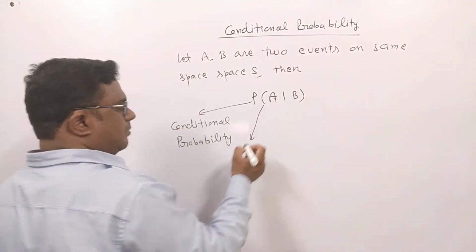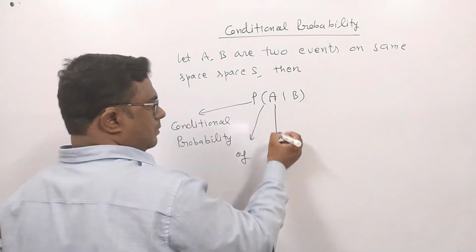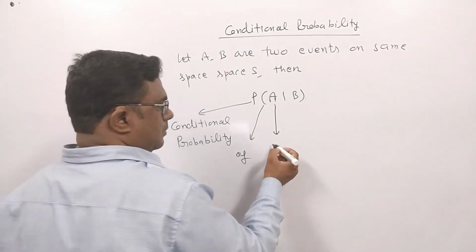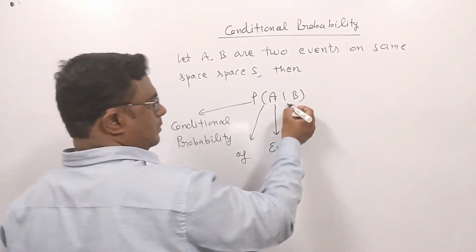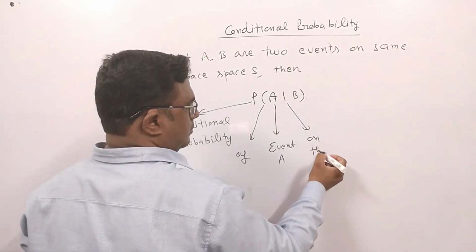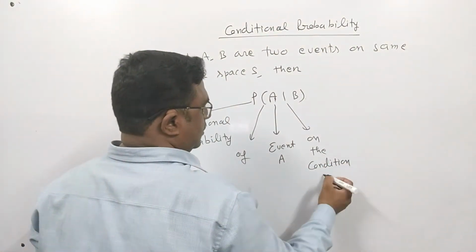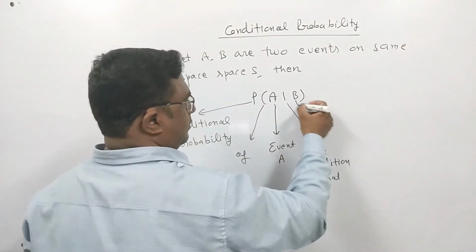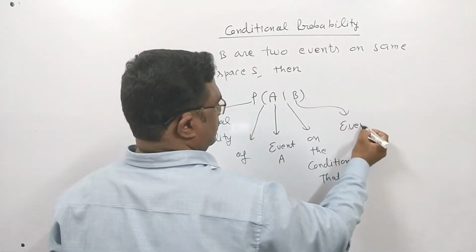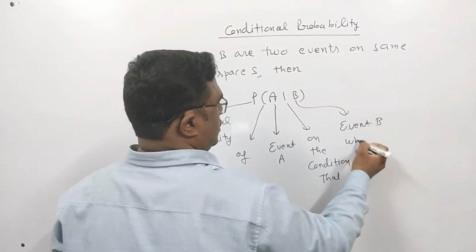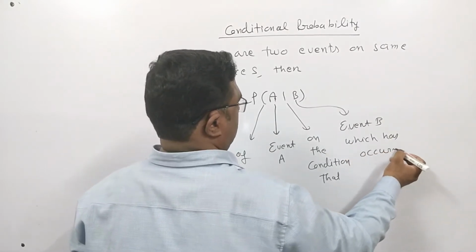This bracket can be read as "of", and event A on the condition that, and B means event B which has already occurred.